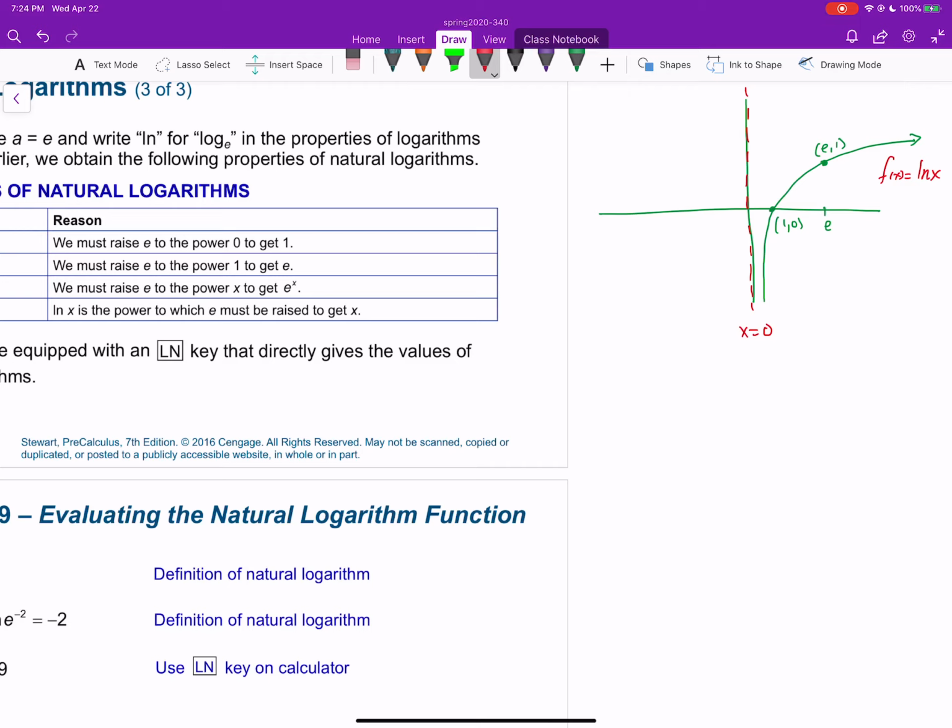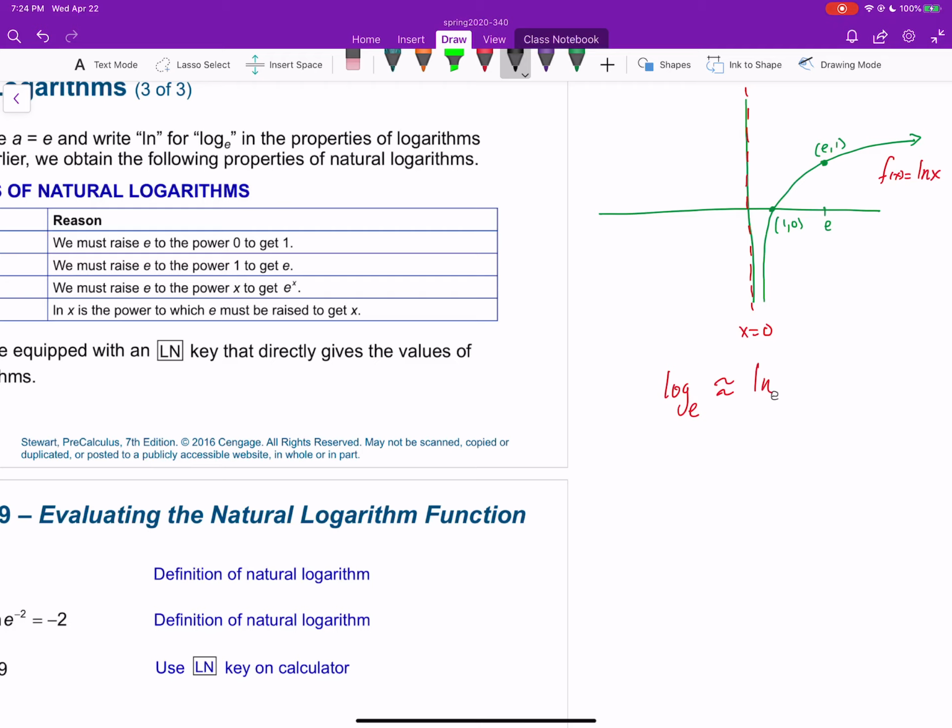All right, so we discovered that log base e is synonymous to ln, where ln has an invisible base e that we normally don't write. Just as we did with common log, where the base was 10 and we don't write it, similarly in natural logs, we do not write the base e.